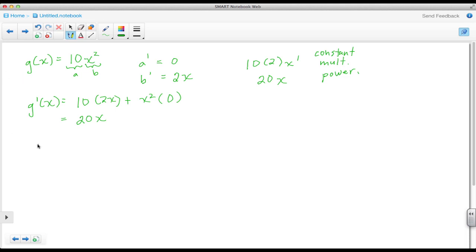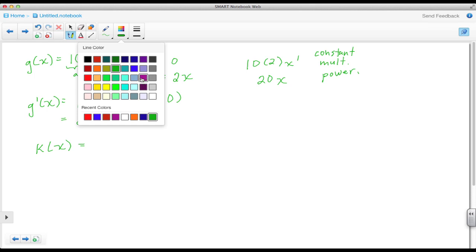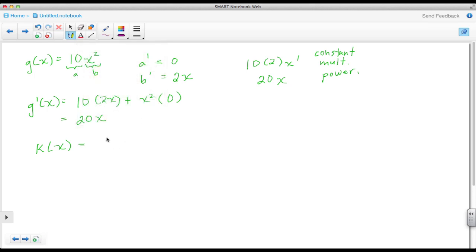And let's go ahead and do one more example. Next example, let's call this one here k of x, and actually let me change the color so these don't blend in. Let's go to purple, and let's say this one here is a reciprocal function where I have 4 over x, but also note that this can be rewritten using negative exponents where I have 4 times x raised to the negative 1.